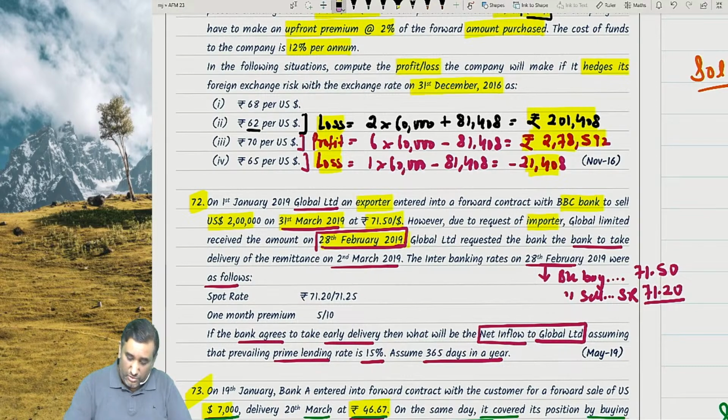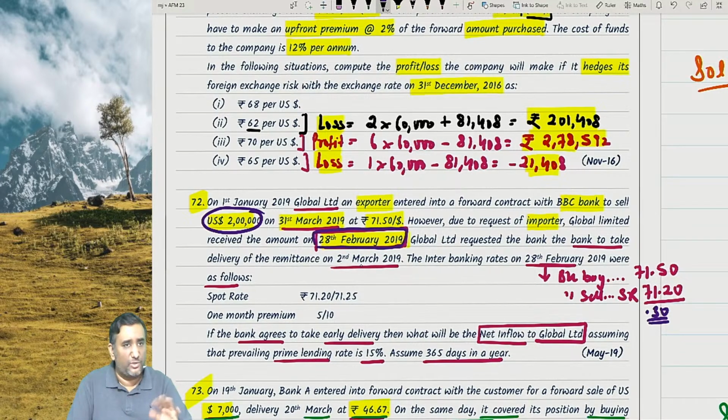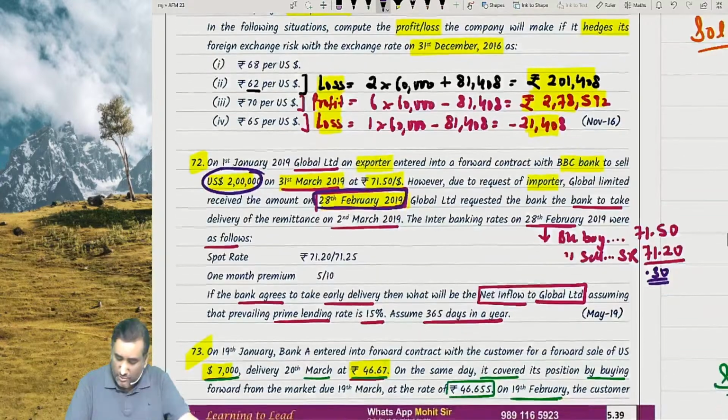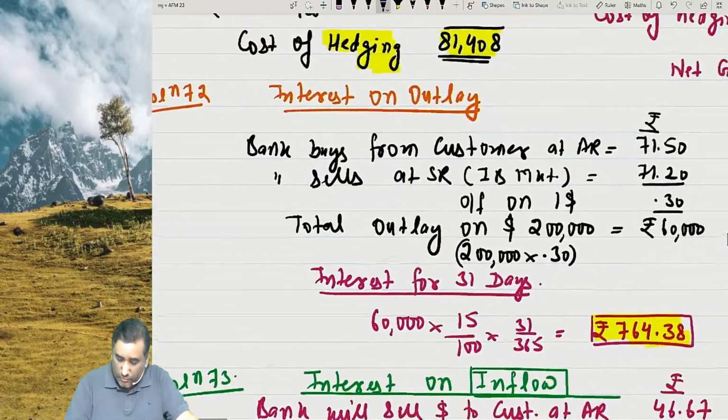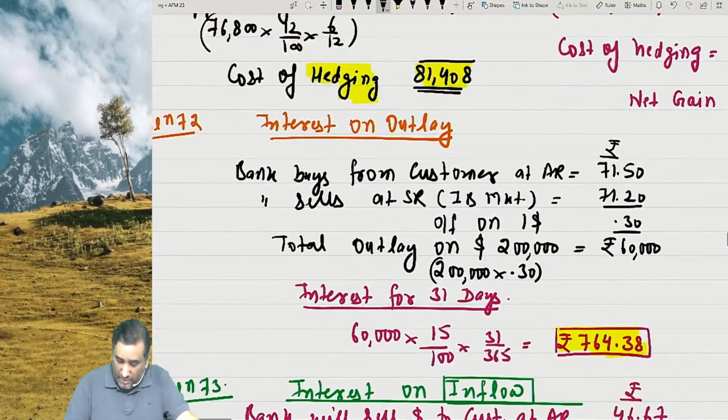It's 71.20. So your outflow comes to 0.30. 0.30 into 2 lakh is 60,000. Settlement is happening on 28th Feb, though the money would come on 2nd, we assume it's happening on the 28th. So 60,000 total amount, into 15 percent for 31 days.